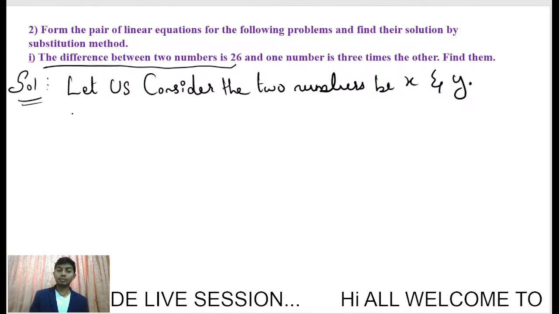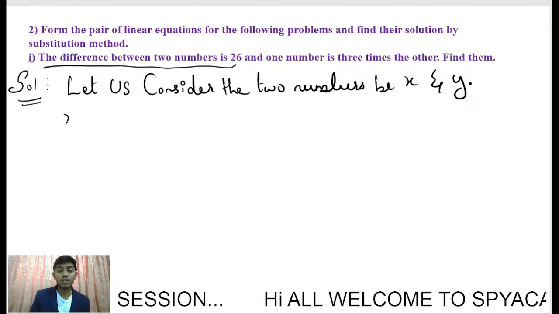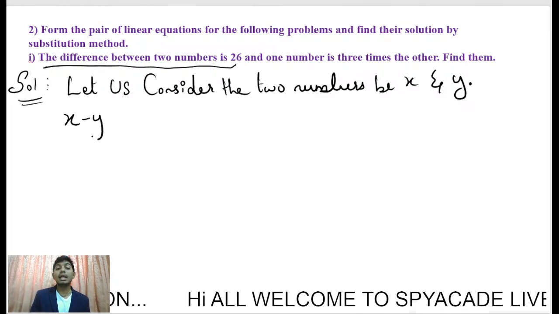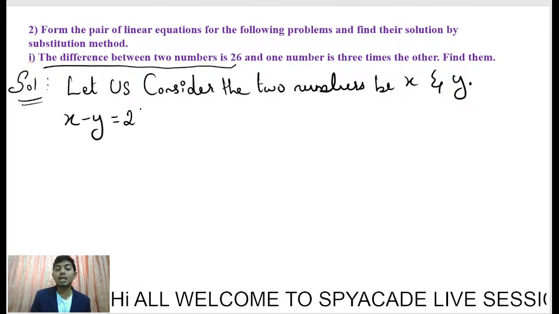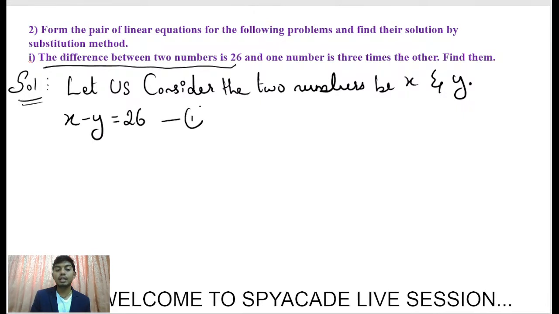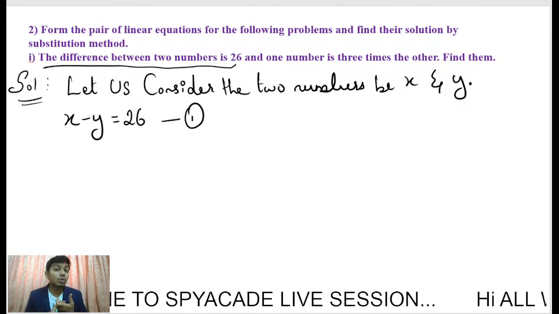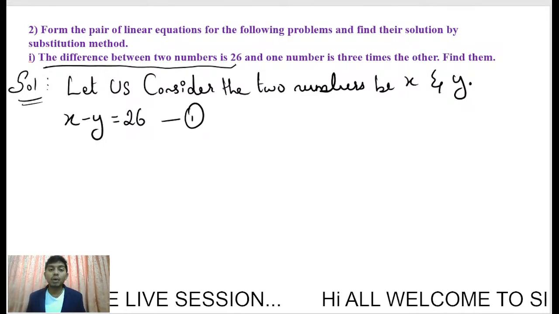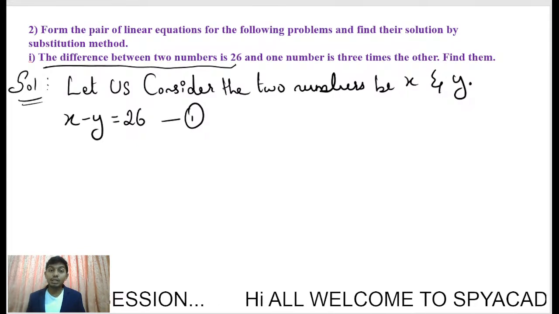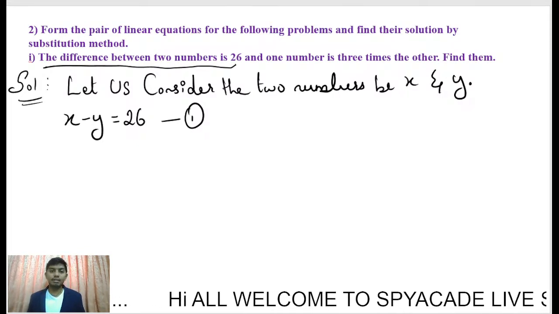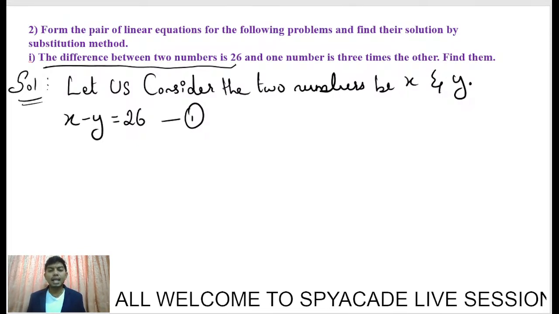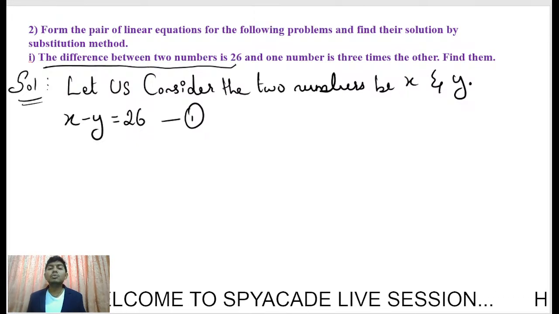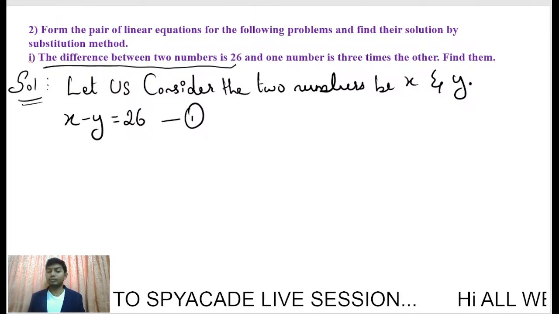And then here the difference between two numbers is 26, which means x minus y is equal to 26. Difference in the sense, obviously it's subtraction. So x minus y is equal to 26. We have done that. And then again, what else they had given? One number is 3 times the other.